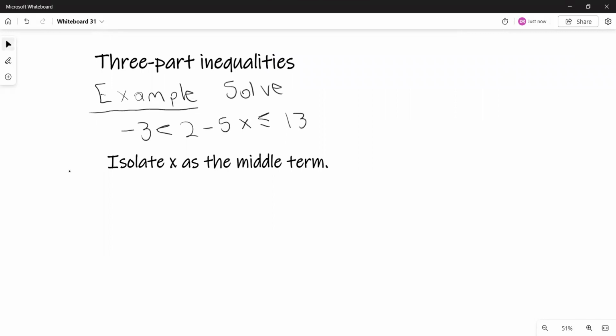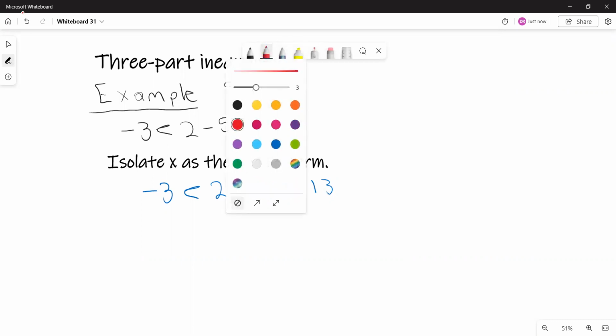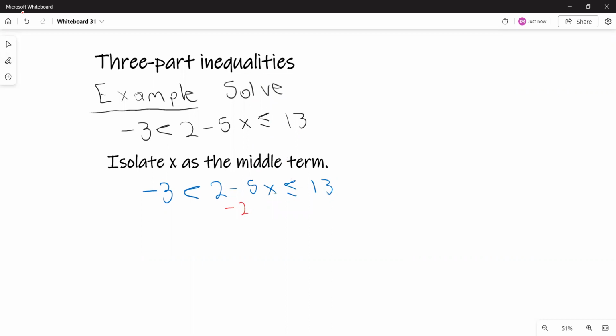Okay, so we can start. So let's write the original inequality. If we isolate x as the middle term, we're going to first subtract 2 from all three parts.